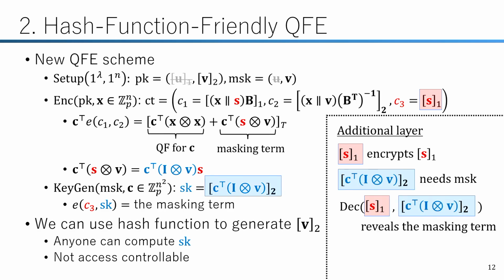And we also encode the blue term by the additional layer, so that computing the covered blue term needs a master secret key, and decryption of this red covered term and blue covered term reveals the masking term. Then we can solve the first problem.